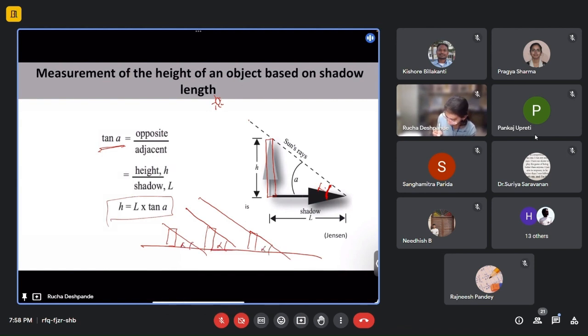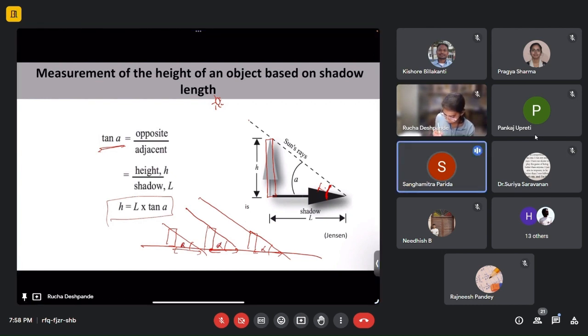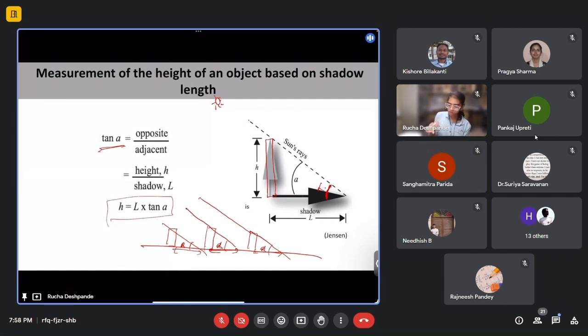And your shadow will be here depending on the height of your object. Is it clear? Yes. So using this relation, we can calculate the heights of unknown objects in a picture.